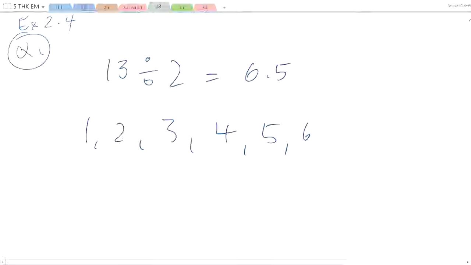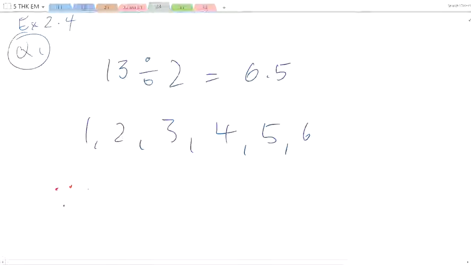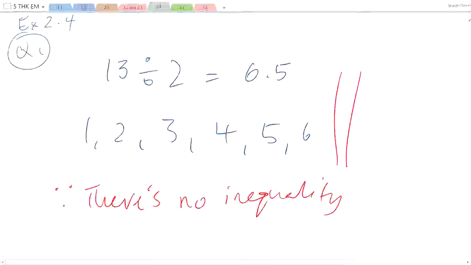How about this? Do you think you can get the full marks? Why not? Because there's no inequality in your working.